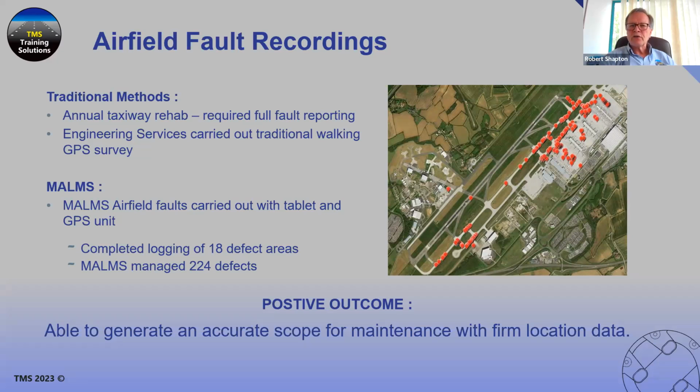So each defect is recorded, each temporary repair is recorded. A pin is put in there, a photograph is taken of the particular type of fault, and that data is then able to be used to develop a longer term maintenance action that can be performed during a scheduled closure.